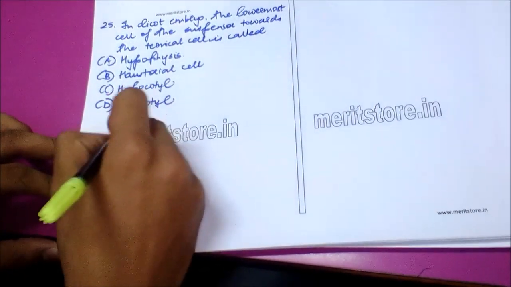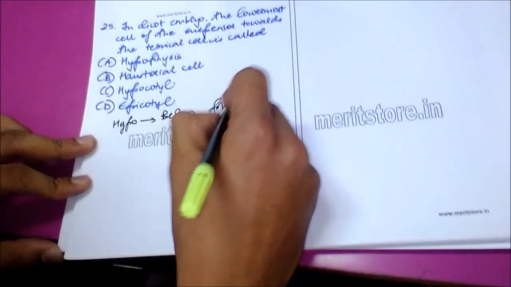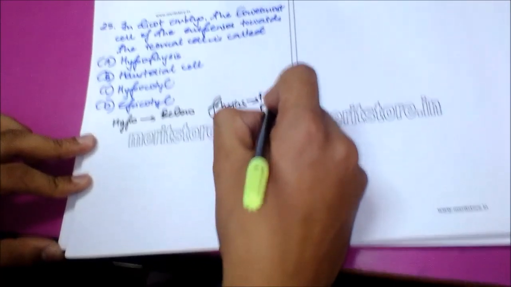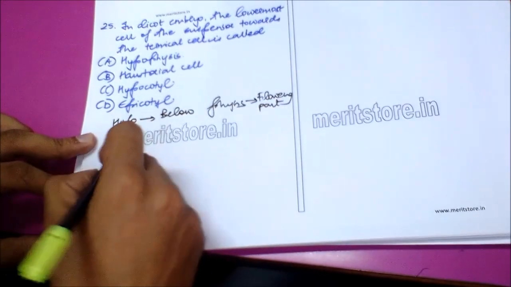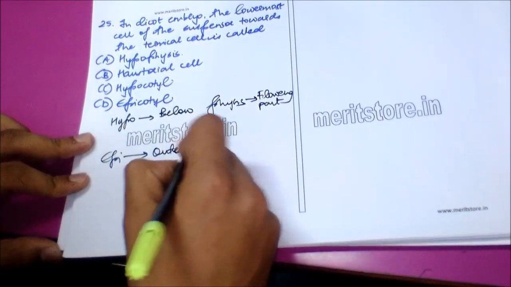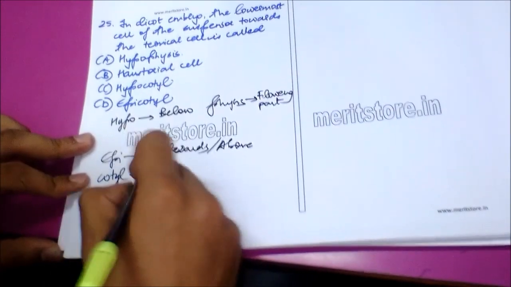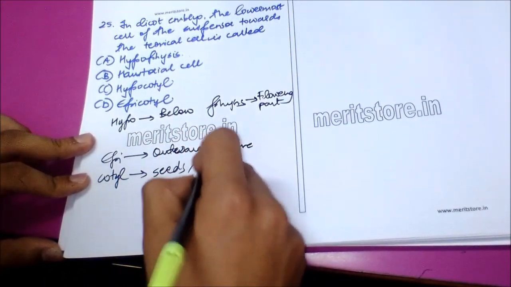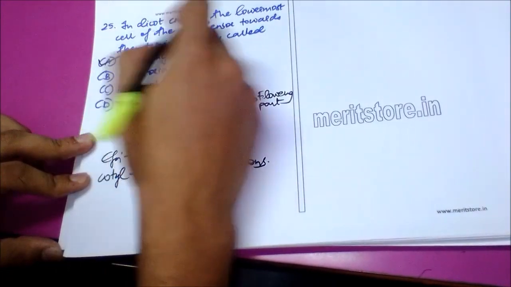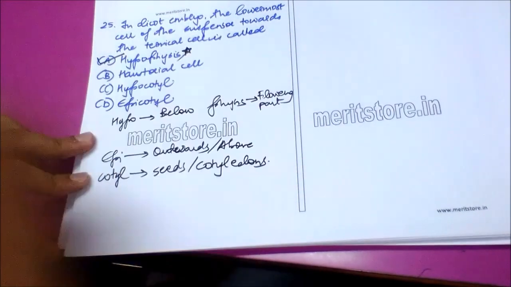Here hypo refers to below, while epi refers to outwards or above, and cotyl to seeds or cotyledons. So the answer to this question is option A. In dicot embryo, the lowermost cell of the suspensor towards the terminal cell is called the hypophysis.